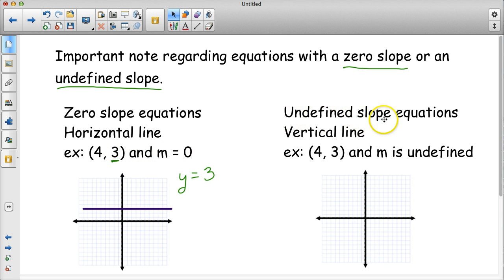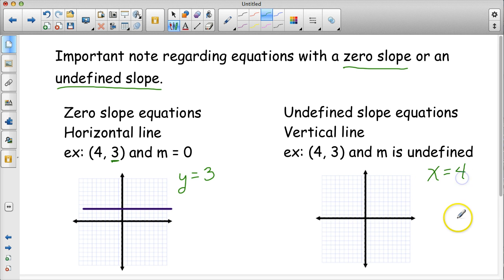For an undefined slope, that is a vertical line. So that is the line that contains the point 4. And we have the point 4, 3, but this is 4. That's our x value. The equation for this line is always x equals the x value of the given point.